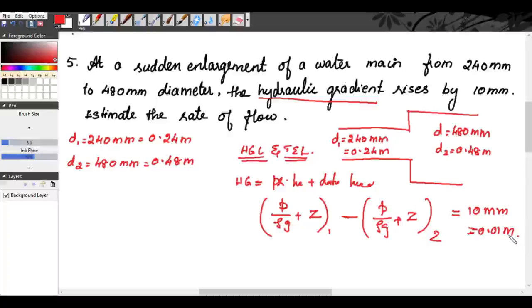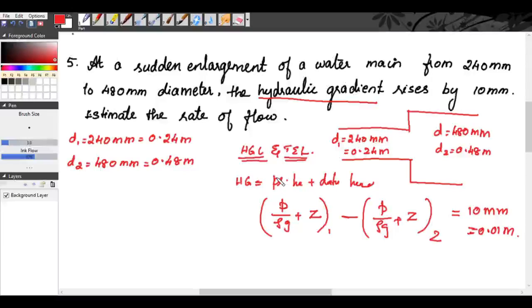That is the meaning of that. Okay. So now we have to estimate the rate of flow. What is Q? That is our question. So how will we write this?